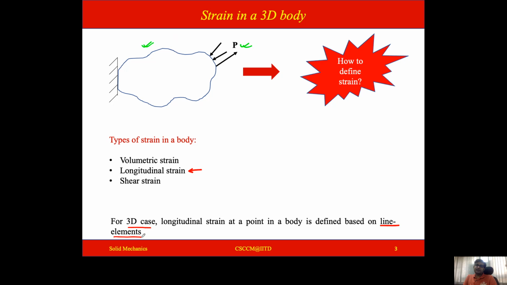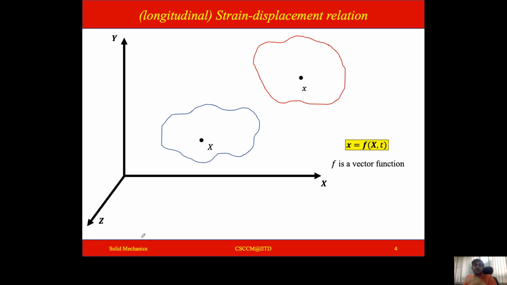Now when I drew that diagram where there was an undeformed shape and a deformed shape, we could have defined strain, and that would have been change in length by actual length in the n direction. But then there is something known as strain displacement relation.